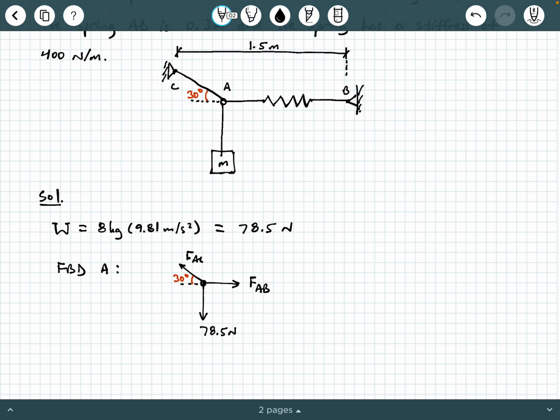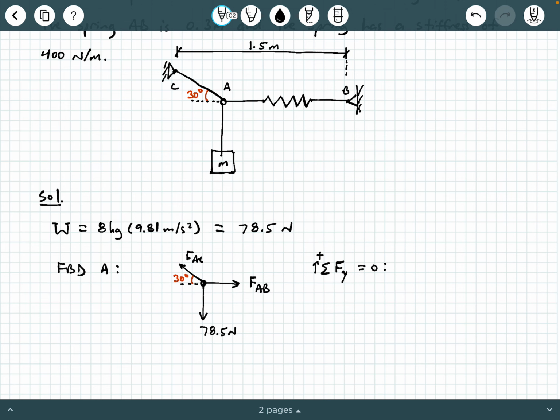At this step, we just apply our equilibrium equations. Remember, for a two-dimensional particle equilibrium problem, we've got two equilibrium equations. One of them is the sum of the forces in the y direction equals 0, and we call things pointing up positive.